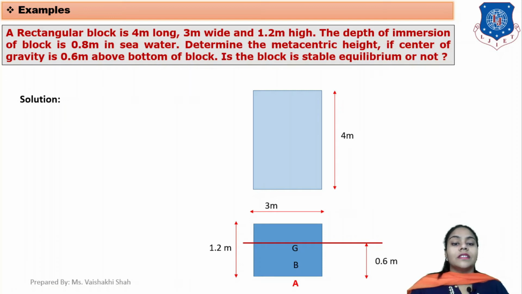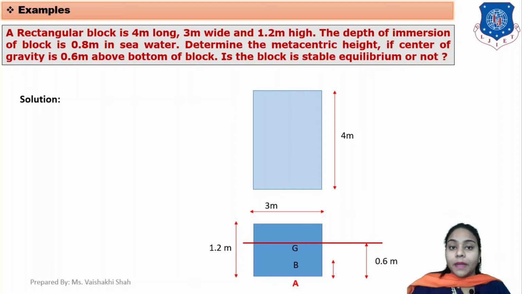So the distance between A to G is 0.6 meter, that is 1.2 divided by 2, total height divided by 2. Now we want BG, the distance between B and G. So the next distance we are finding is AB.